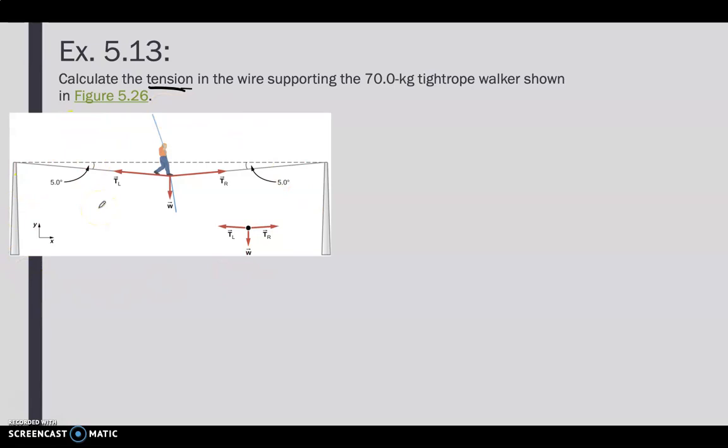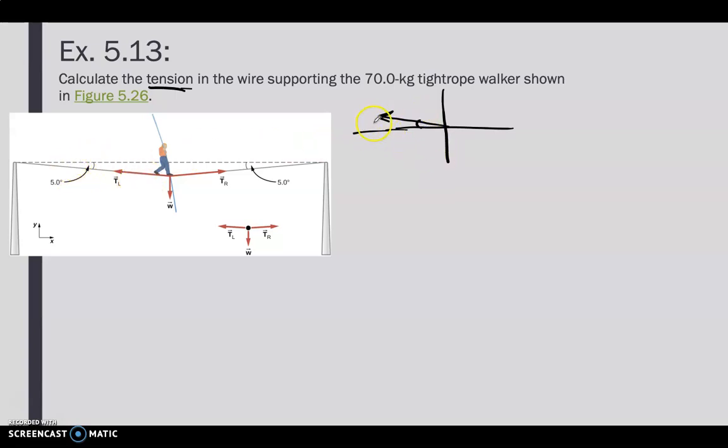So this one maybe seems simple at first, but it is a little bit involved. So what we will do is first break these down into their components. Let's focus on the left side first. We have this tiny little angle right there, and due to trig, we know that this is going to be the same angle as this.